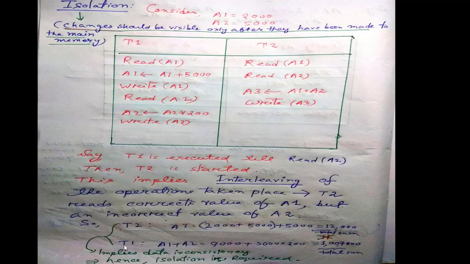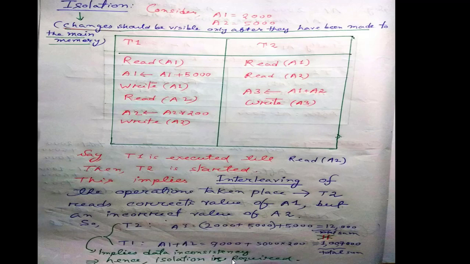Now in case of T1, 7,000 as the updated value of A1 and 5,000 cross 200. Overall, we'll have 10,07,000 as the total sum. You'll see that this total sum is not equal to the total sum of T2. So this will imply what?